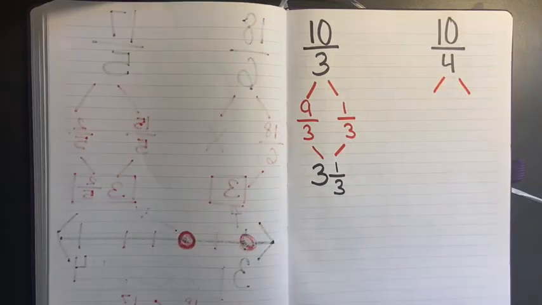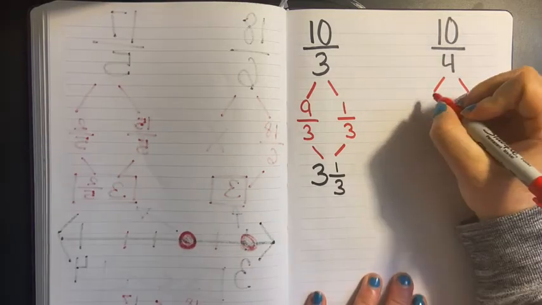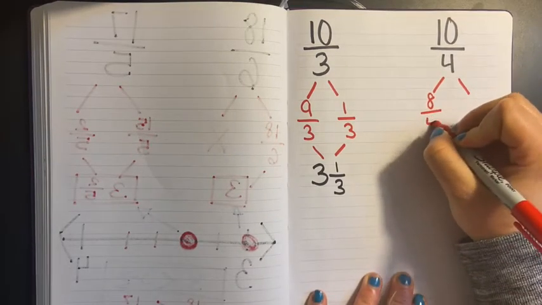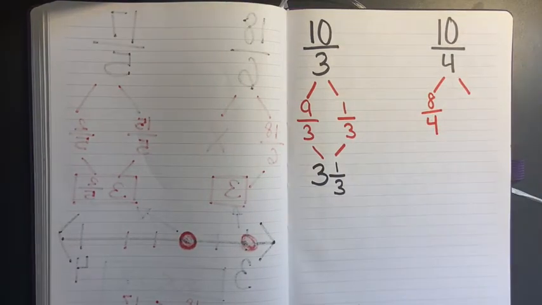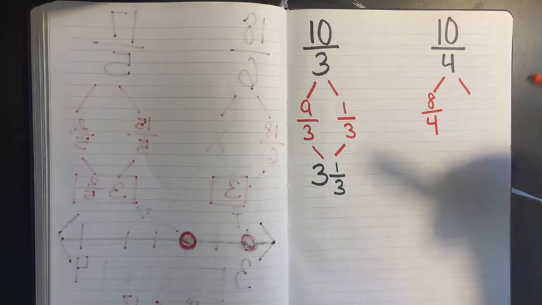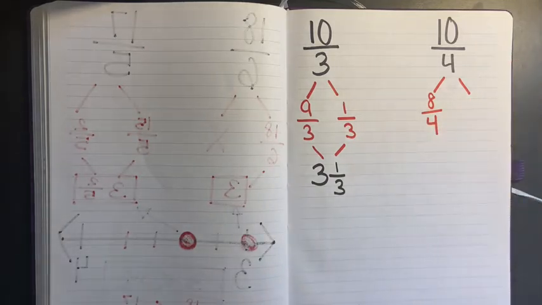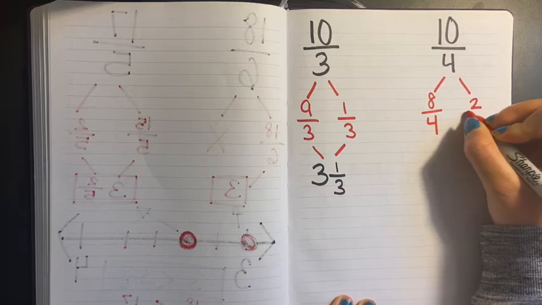Now that we have this mixed number, we're able to compare it with 10/4 once we convert 10/4 to a mixed number. We want to first begin by seeing how many times 4 can go into 10. Take a skip count. Yes, 4 can go into 10 twice. 4 times 2 gives us 8, making our first fraction 8/4. When we take 8/4 from 10/4, we are left over with 2/4.